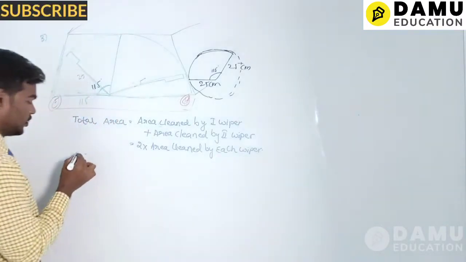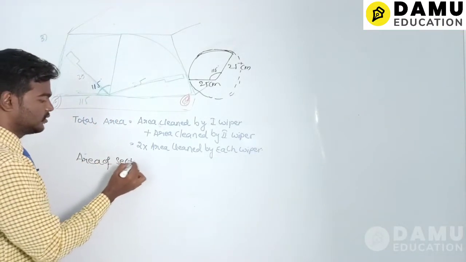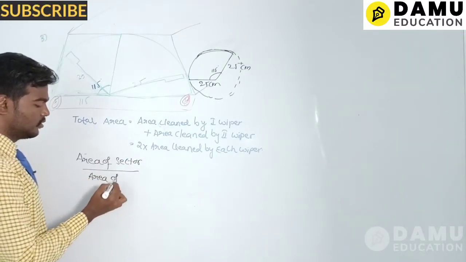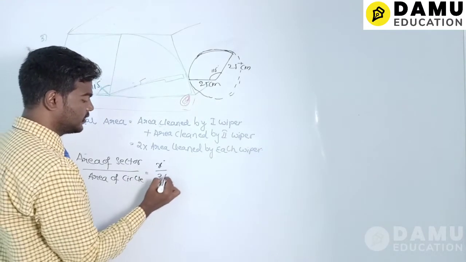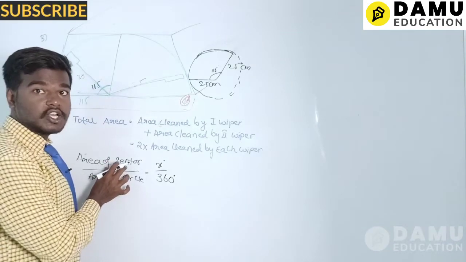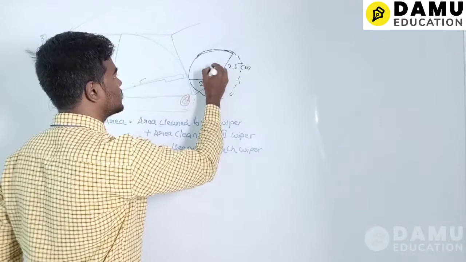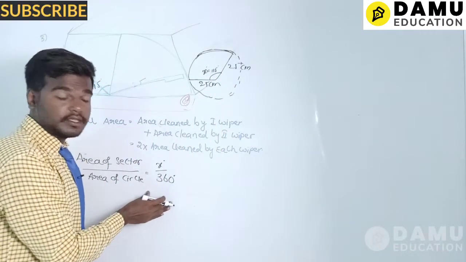The area of the sector divided by the area of the circle will be equal to x degrees by 360 degrees. Here x degrees is the angle the sector subtends at the center, and the total circle angle is 360 degrees.